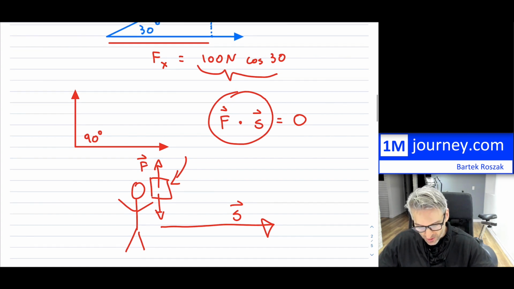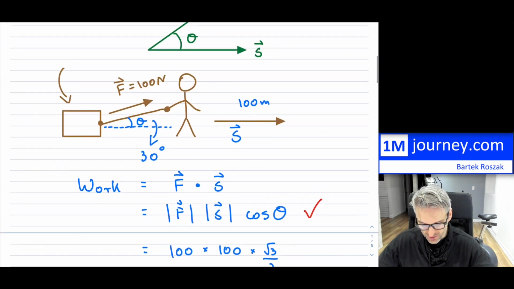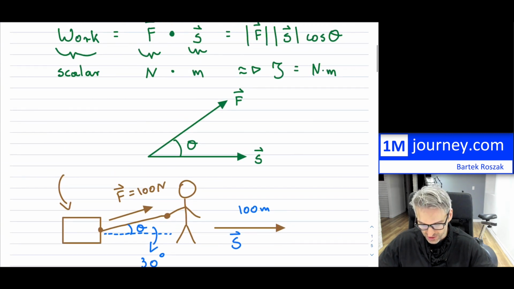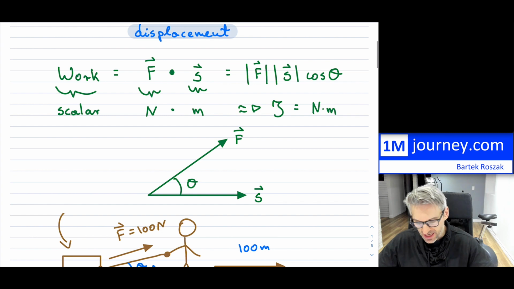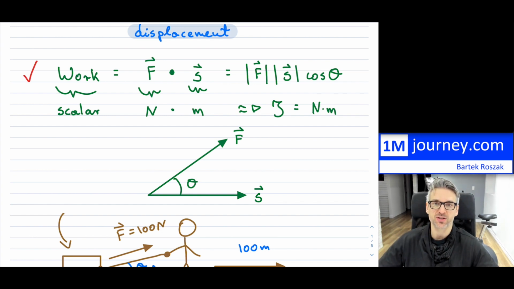So that's what I wanted to point out in this video. As you're studying vectors, and I'm sure you're going to see more examples of this, the dot product has a great application in physics, and it is to do with the definition of work. And that's what you will run into if you're going to be studying physics, or hopefully if you're going to be studying vectors in general.